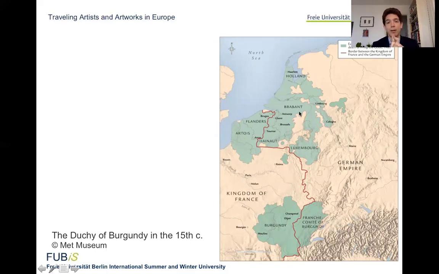What is typical of the Duchy of Burgundy is that, of course, it was characterized by a very lively aristocratic court, the court of the Duke of Burgundy, and lots of the most important Netherlandish artists worked for the Duke of Burgundy. But at the same time, Flanders was the place of a number of thriving cities like Bruges, Ghent, Antwerp, Brussels.